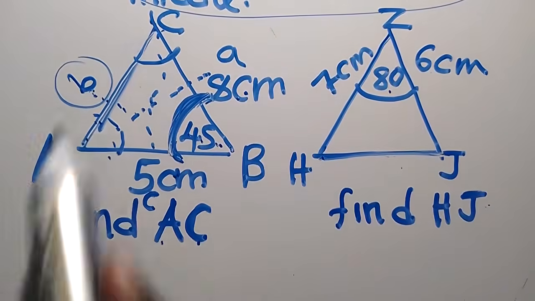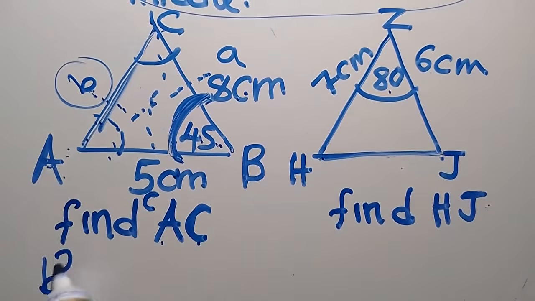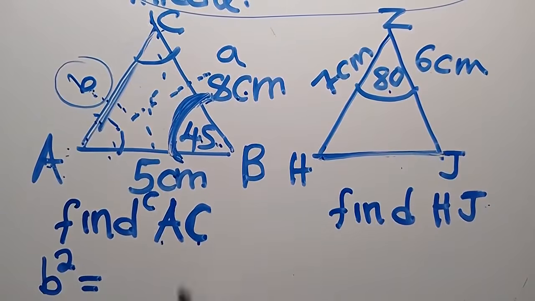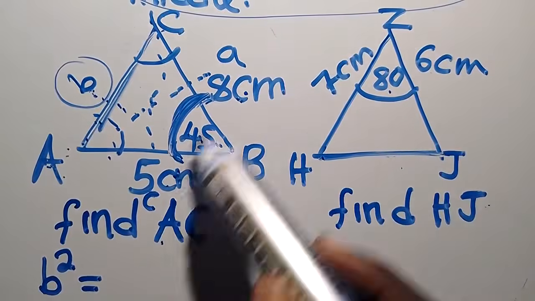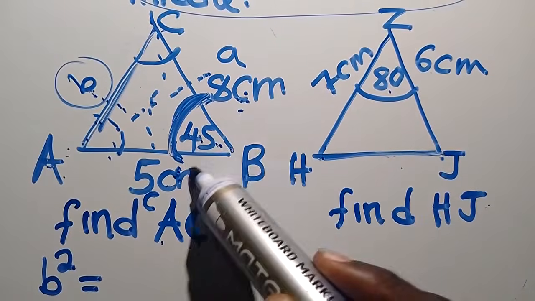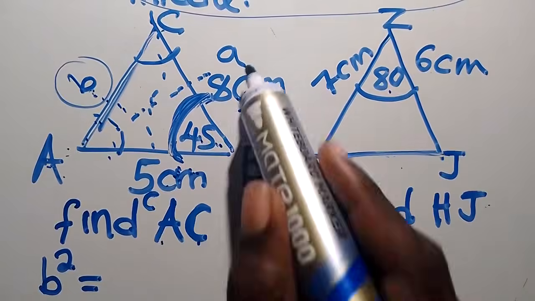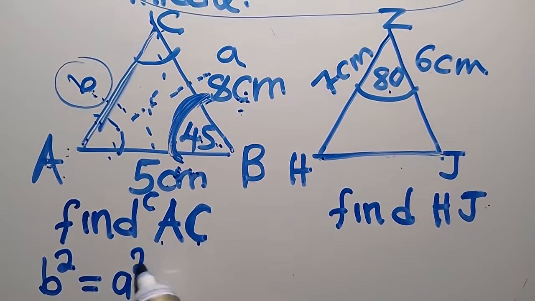So you say b squared is equal to, this is the formula that we are writing. Then you add the two sides that are putting the angle in the middle. We've got a. You say a squared plus c squared. Have you seen?